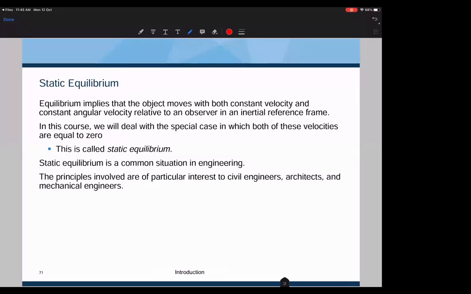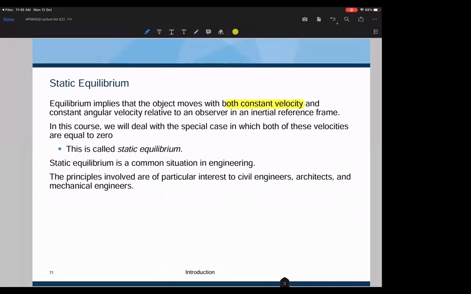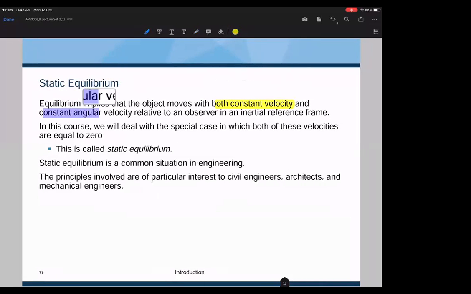And equilibrium, by definition, means the object is moving with either constant velocity or constant angular velocity relative to an observer.